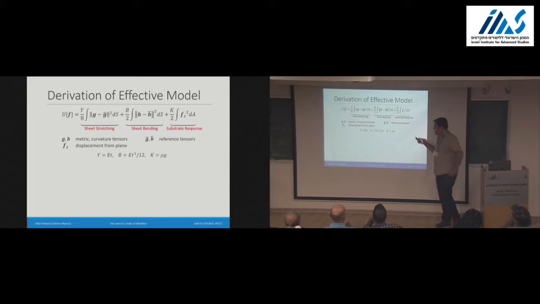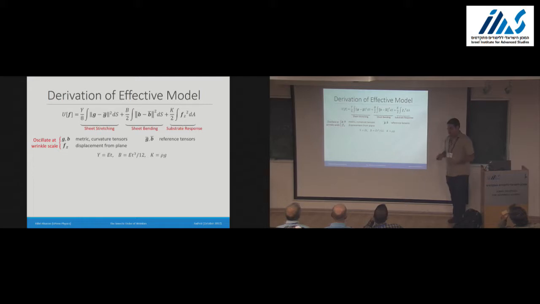Now, if I'm looking at the configuration which describes a wrinkled pattern, okay, then this metric tensor G, the curvature tensor B, and the normal displacement, they are all oscillating at the wrinkle scale typically. Okay, so this means that the entire integrand here oscillates at the wrinkle scale.